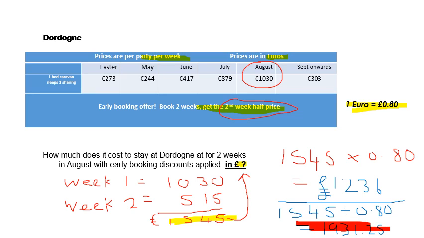That can't be right. Use a bit of trial and error and then do the right one. So when you're converting, you're always either multiplying or dividing, but if you do the wrong one, it should be obvious by looking at the exchange rate. So the final answer then for Dordogne is £1,236 sterling.